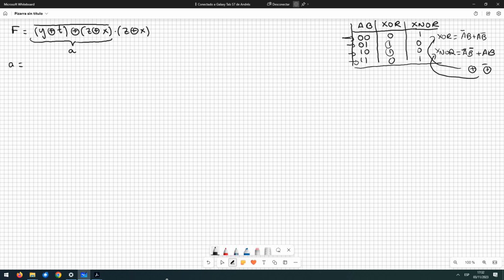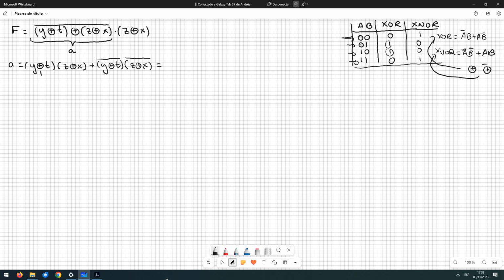So we can do the following: first part multiplied by the second part, both not negated, plus the first part negated multiplied by the second part negated.